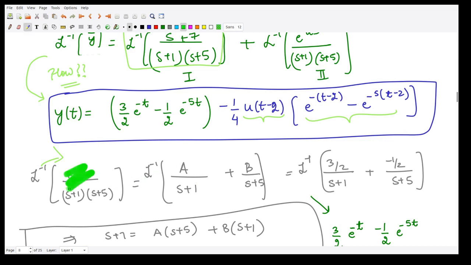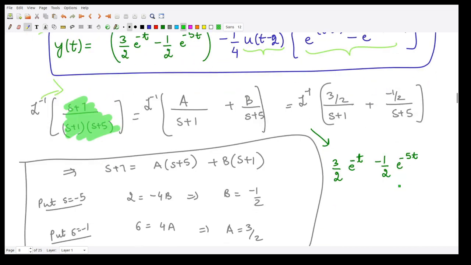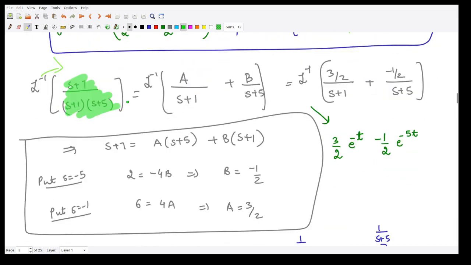Firstly, we have to perform the partial fraction for the fraction (s + 7) / ((s + 1)(s + 5)). That comes out to be (3/2) / (s + 1) plus (-1/2) / (s + 5). This is very simple. You write this as A upon (s + 1) and B upon (s + 5), and accordingly you obtain these coefficients as 3/2 and -1/2.